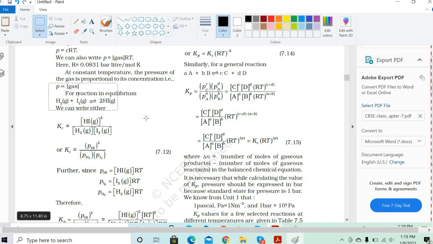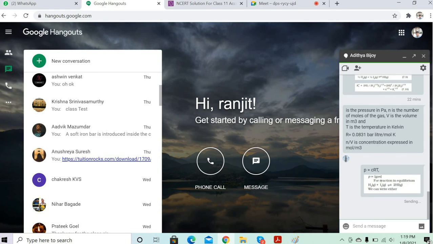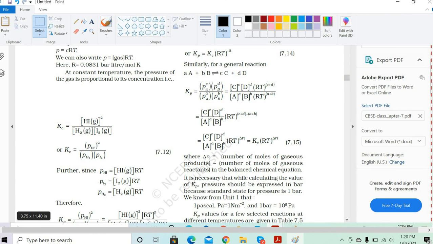Right now, P is proportional to the concentration of the gas. Now you have the reaction H2 plus I2 gives 2HI. Now what will be the equilibrium constant? Kc will be given by the normal formula, HI whole power 2 over H2 and I2, correct?